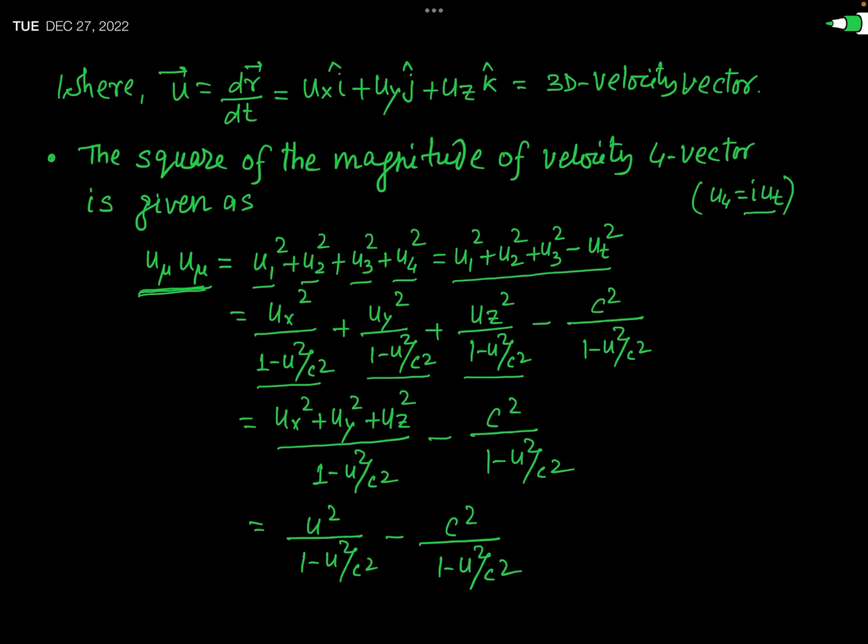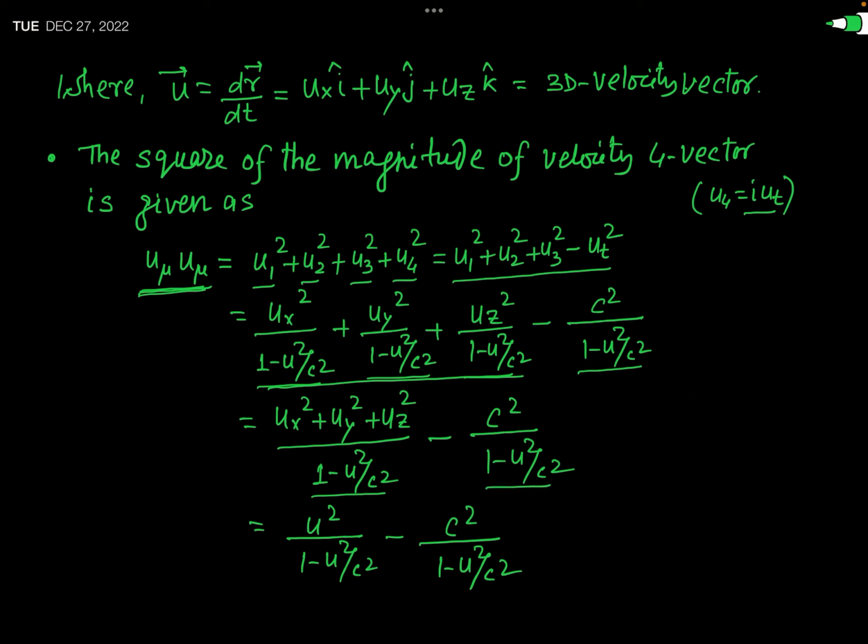And ut is c by root over 1 minus u square by c square, so ut square will be c square by 1 minus u square by c square. Okay. Now, if we add the first 3 terms, as the denominator is the same, the LCM will be simply 1 minus u square by c square, and this will be ux square plus uy square plus uz square, and minus c square over this much, this term remains as it is.